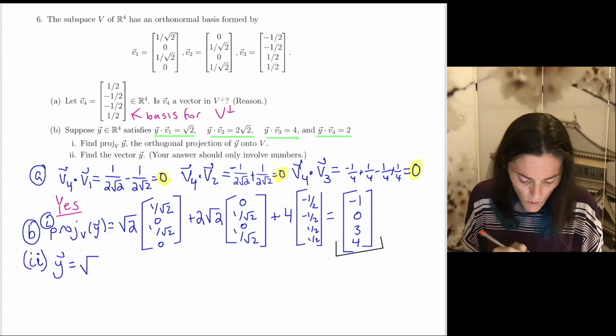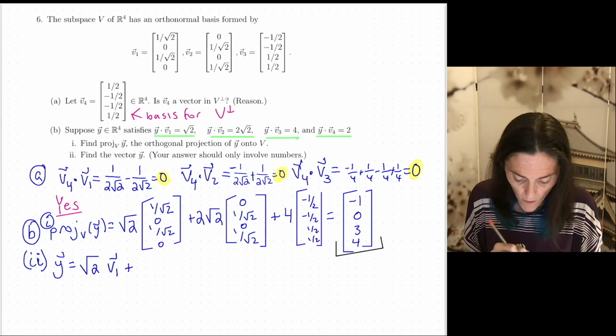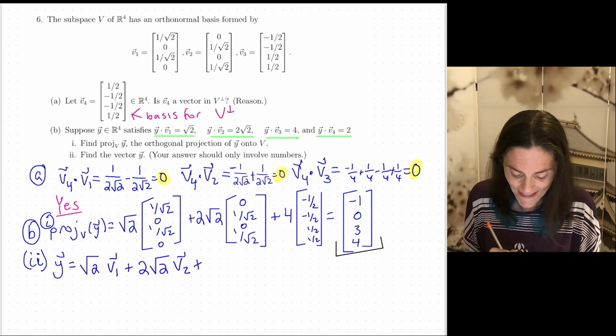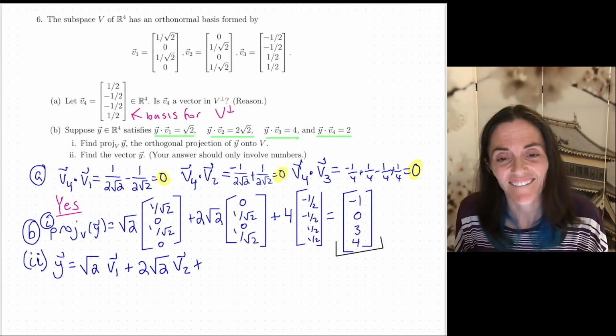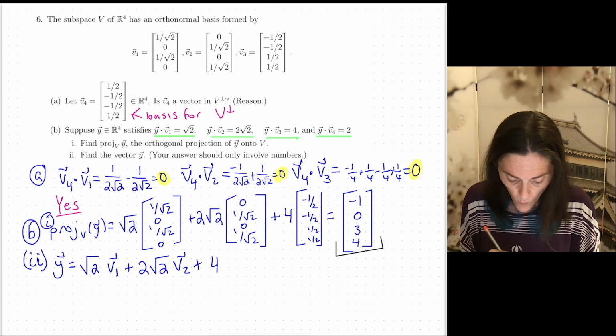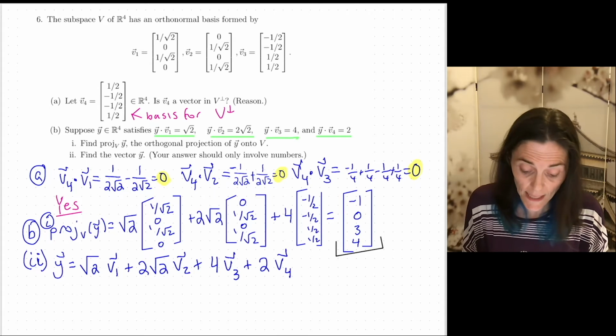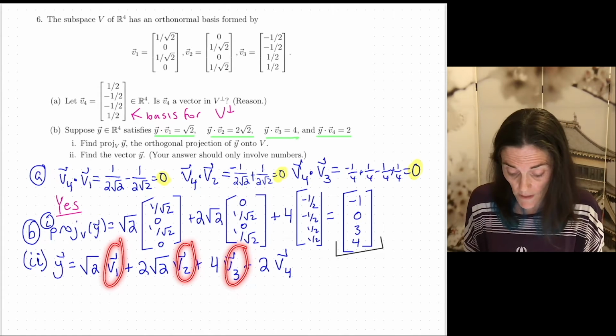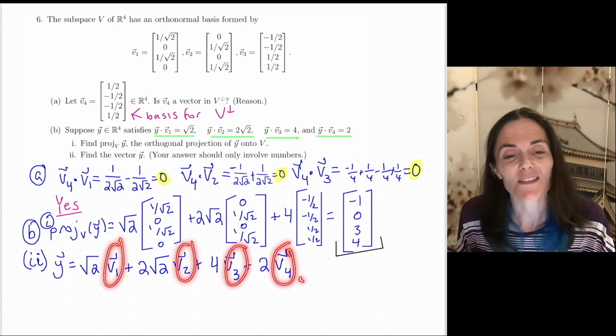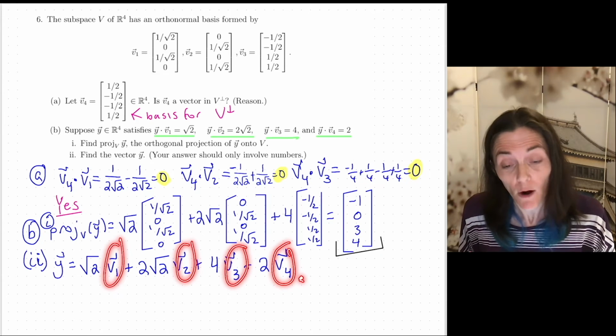This would be the square root of 2, V1. That's that coordinate. And then 2 times the square root of 2, V2, and then 4 times V3, and then 2 times vector V4. Because as I mentioned, V1, V2, V3, and V4 form an orthonormal basis for R4.